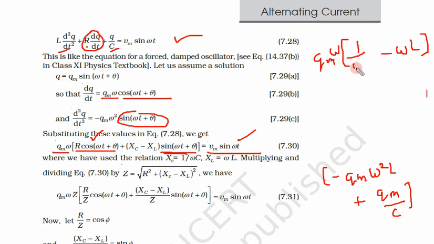So 1 upon omega c. This qm omega is already outside the whole bracket. How can we write this? 1 by omega c is Xc, and this will become XL. So in this way, this is Xc minus XL times sine omega t plus theta. This is qm omega common, and this is the resistance term.